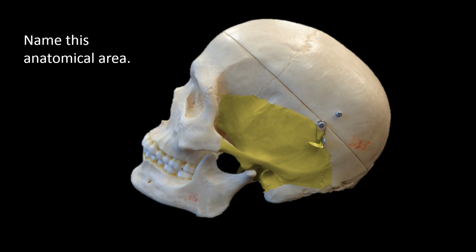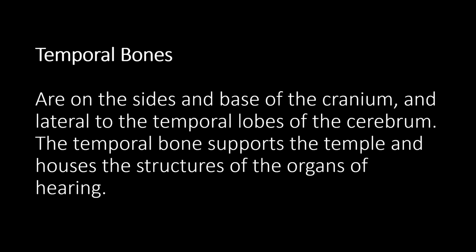Name this anatomical area. Temporal bones are on the sides and base of the cranium, and lateral to the temporal lobes of the cerebrum. The temporal bone supports the temple and houses the structures of the organs of hearing.